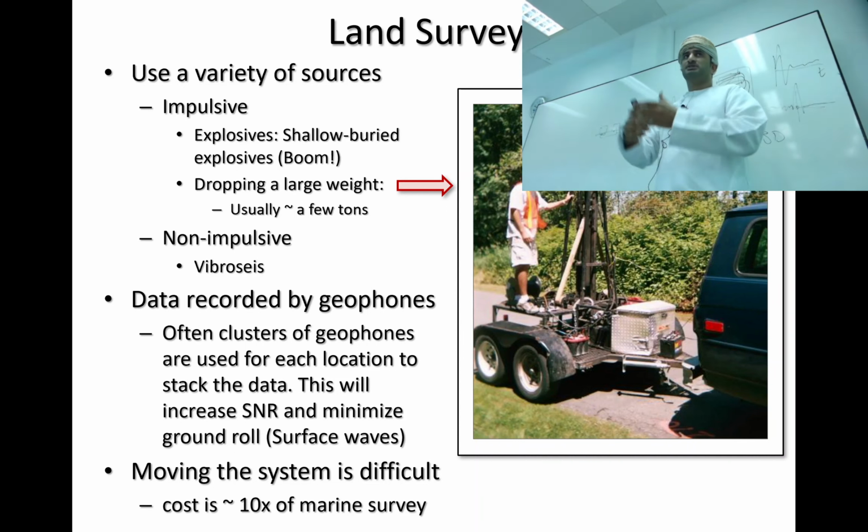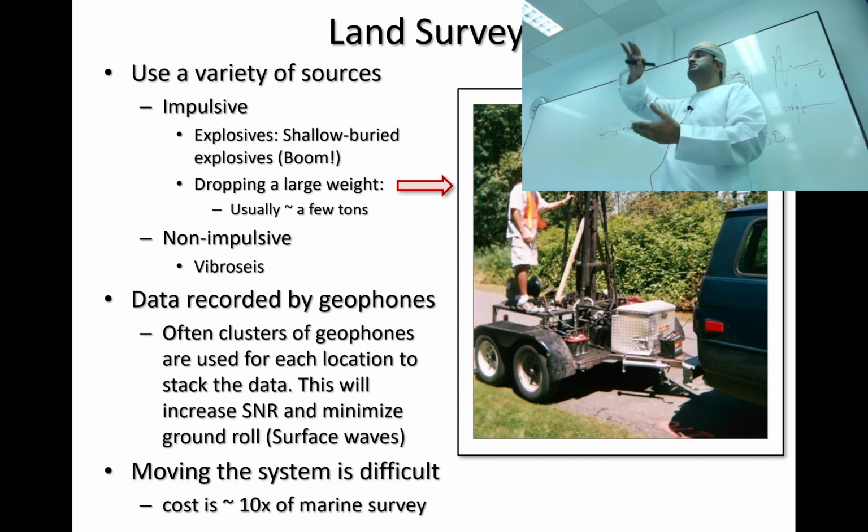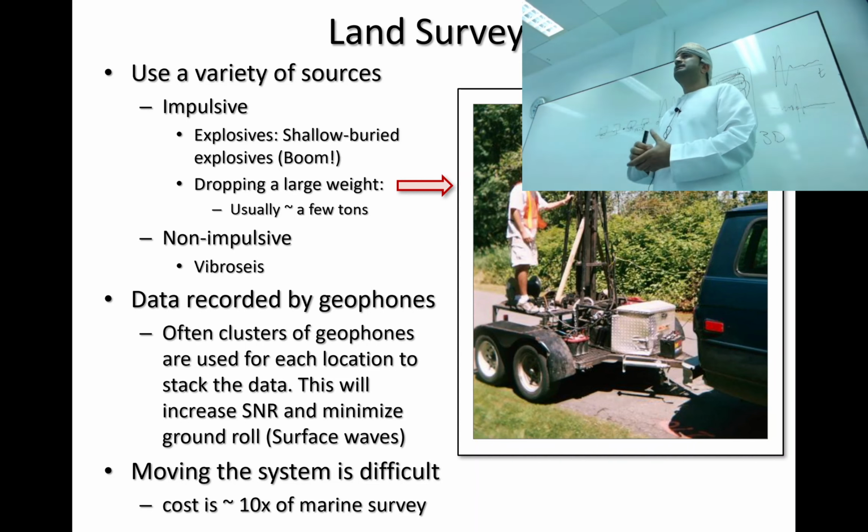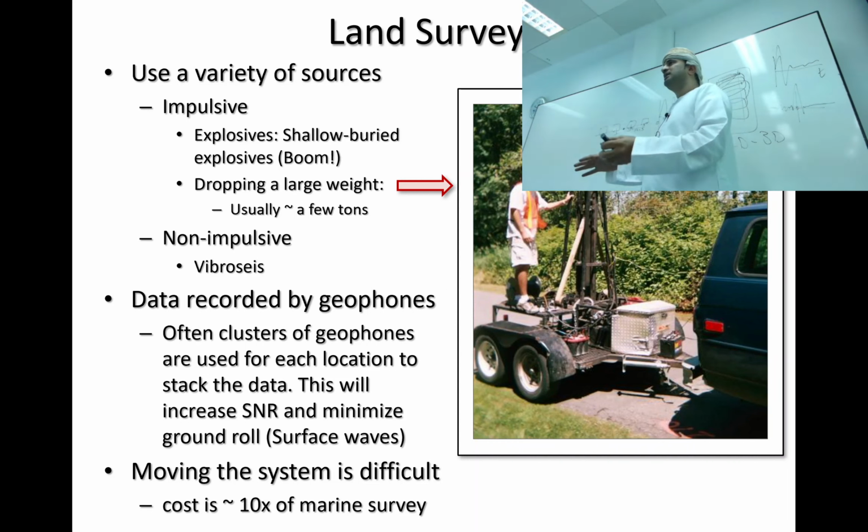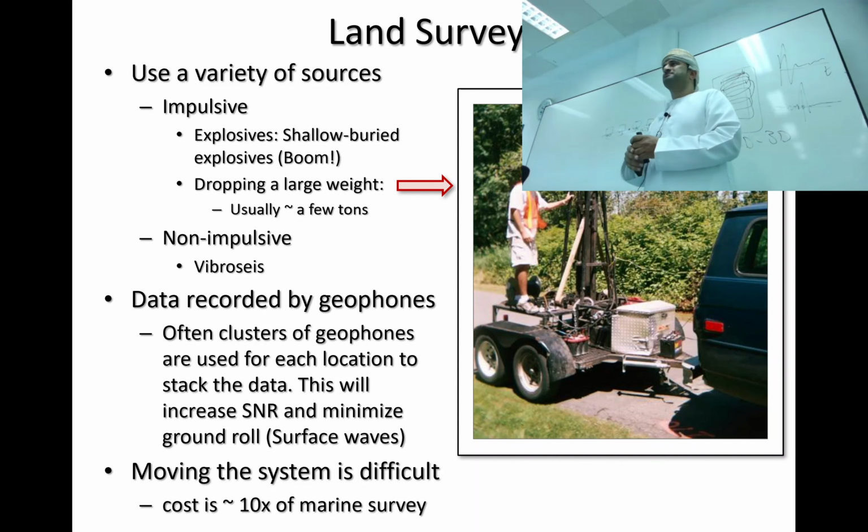Because in front of them there is a big monitor that tells them where to move and whether they are in the right position or not. Everything, how they shake, how they move, and how they connect together, is controlled by some geophysicist back in the office.